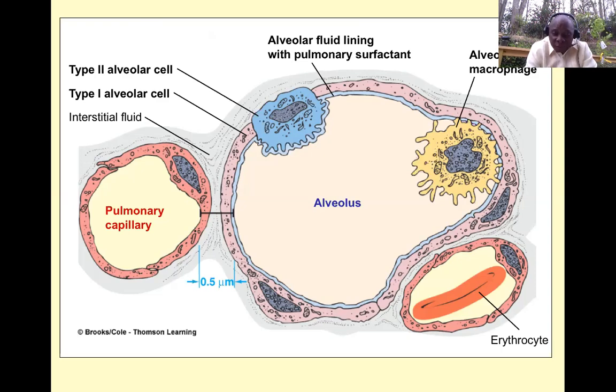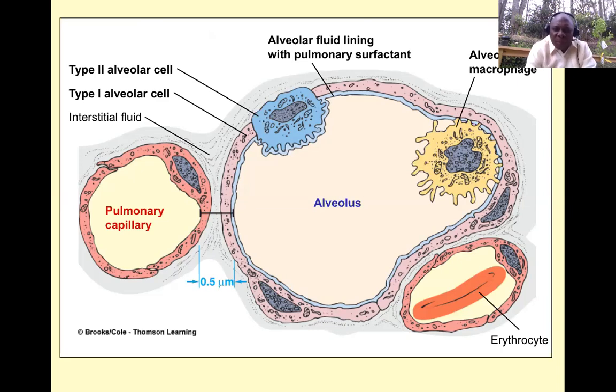And there's a disease that affects premature babies, because the lung and the brain are some of the last systems to develop. So if a premature baby is born before type 2 cells develop, then there will be no pulmonary surfactant, and the preemie babies will have difficulties in breathing.